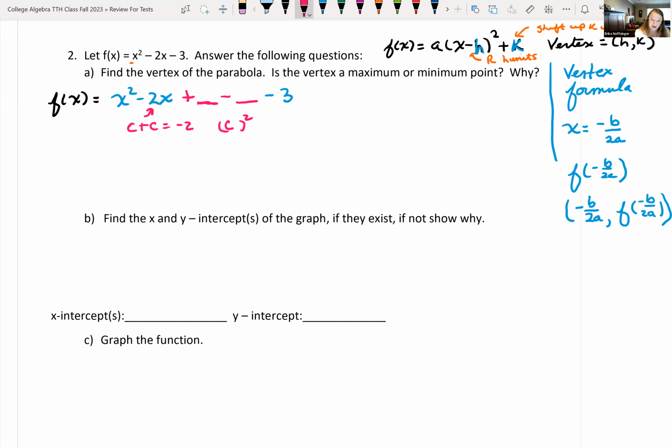So to get what you would add to itself, to get negative 2, let's take negative 2 divided by 2, which we get negative 1. So negative 1 plus negative 1 is negative 2. And so now let's think about negative 1 quantity squared. That would give us back 1. So I'm going to add 1 and I'm going to subtract 1, which I already have the subtraction right there, to make that a perfect square, those first 3 terms.